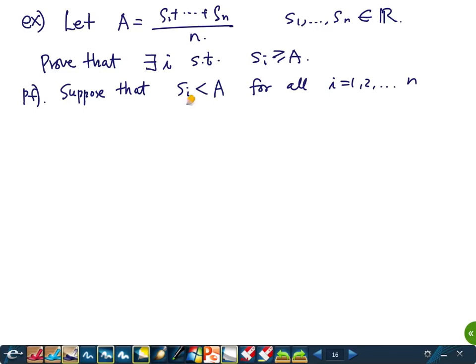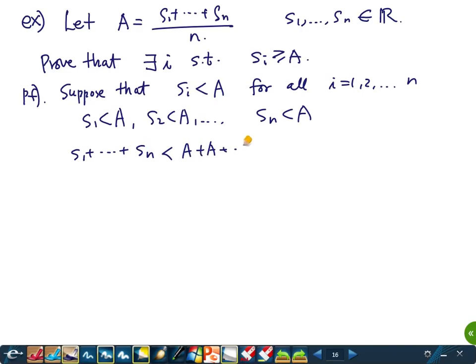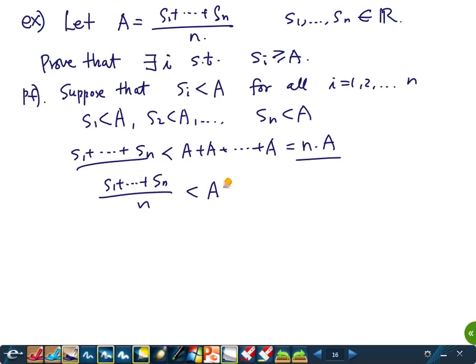Now what happens? S_1 is less than A, S_2 is less than A, ..., S_n is less than A. Let's add all of these inequalities. S_1 plus ... plus S_n is less than A plus A plus ... plus A, which is n times A. Now divide both sides by n, and we get (S_1 plus ... plus S_n) over n is less than A. It's a contradiction.